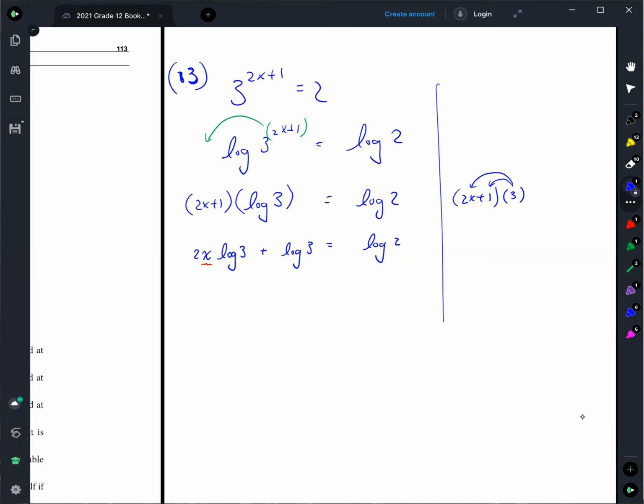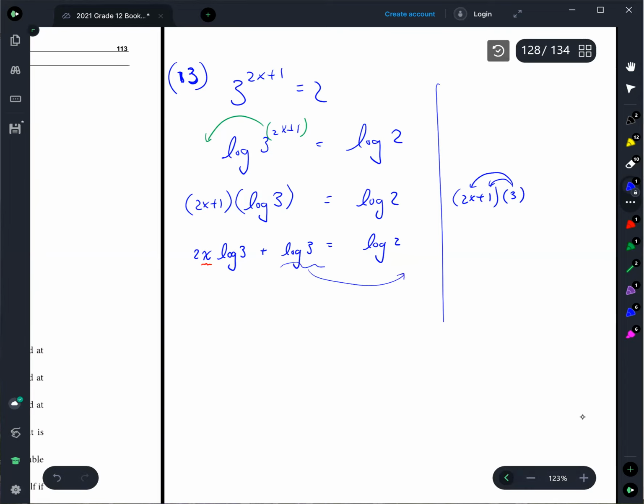Do we isolate the x, like the 2x log 3, by moving the log 3 to the other side? Yeah, then if you move it over, it becomes log 2 minus log 3. On the left side, you still have 2x log 3.